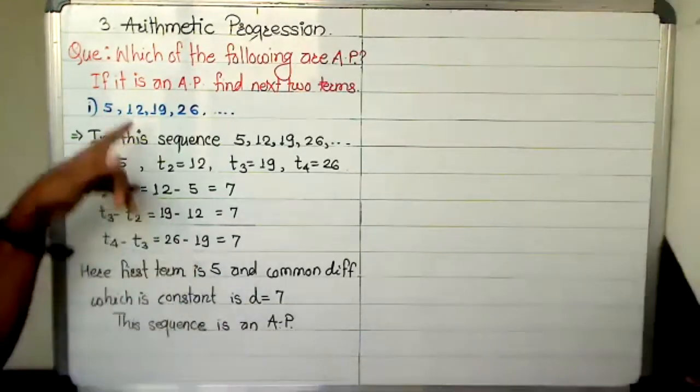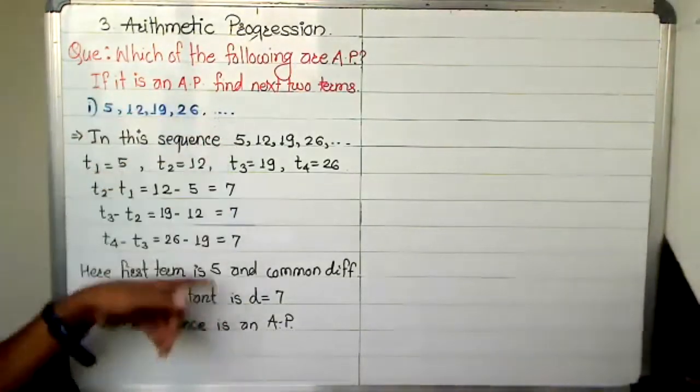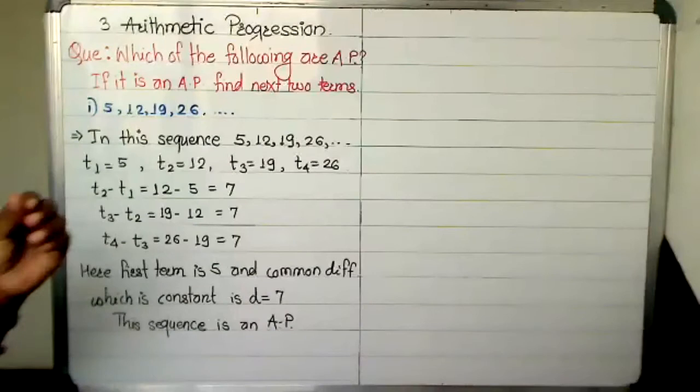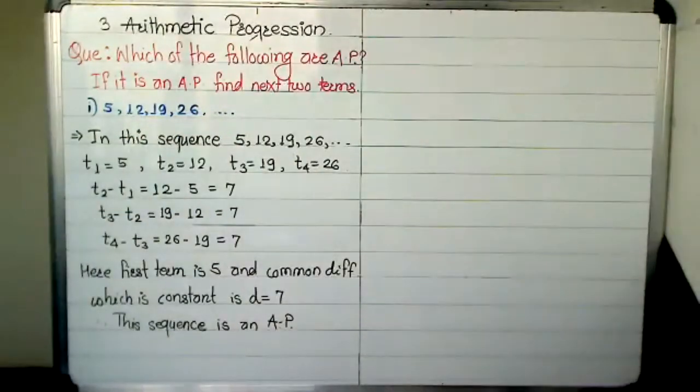If it is an AP, then according to the question we have to find the next two terms. Deciding whether the given sequence is an AP or not is asked for 1 mark, but if the next two terms are asked, then it will be for 2 marks.